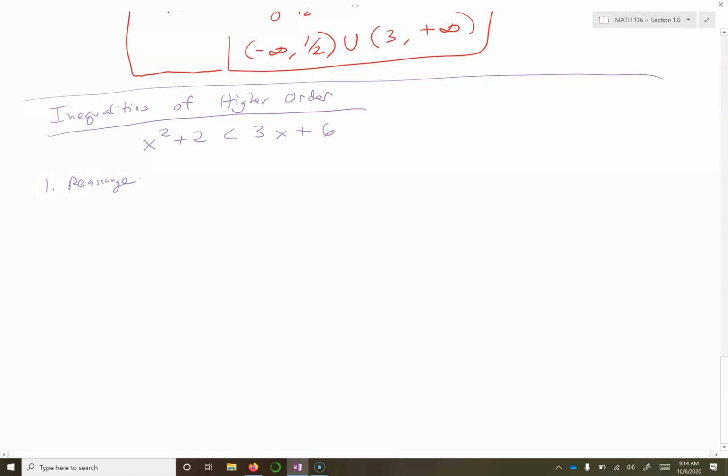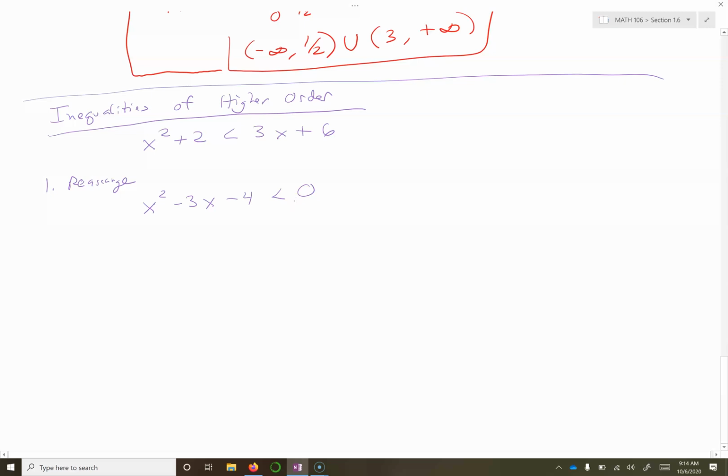You rearrange just like if this was a quadratic equation. So you get all the terms on one side. We're going to have x squared minus 3x, and then when I bring that 6 over, it'll be 2 minus 6, so negative 4. And then you are just left with a 0 on the right-hand side.